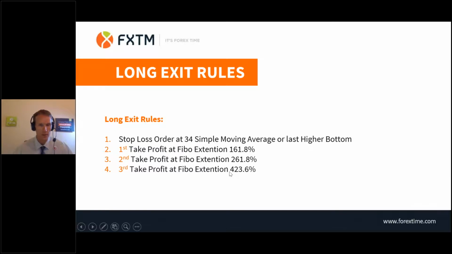We want consistency. Mark Douglas in Trading in the Zone talks about the threshold of consistency. If you can practice these basics, a simple, well-defined method like this, with good money management, good risk management, knowing where to take your profit, then you can become consistent. Taking every good opportunity is going to give you your net profit over a series of trades.